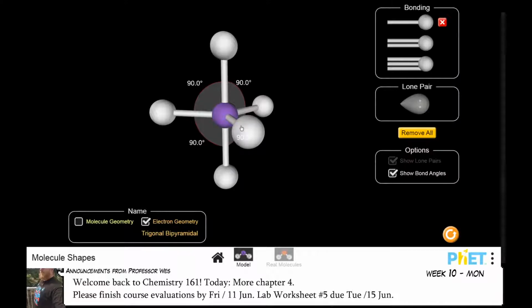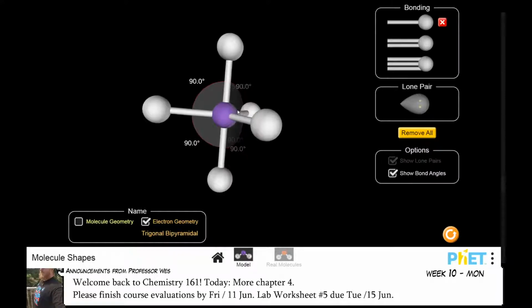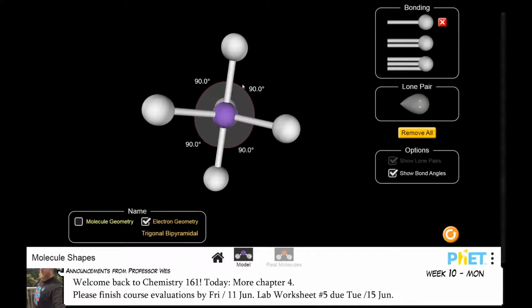And the angles in this are all 90 with relation to the equatorial triangle part, which is this right here, and the top or the bottom. So all of these angles are from the equator either to the top or the bottom. They're all 90 degrees.